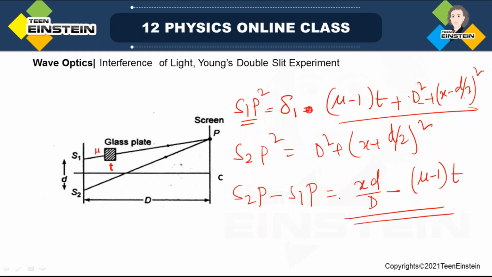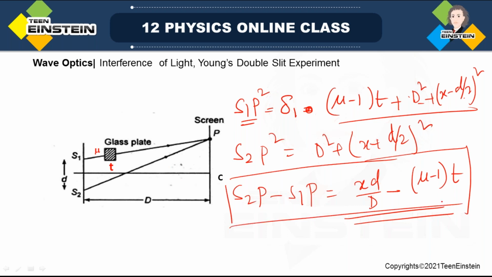But you will be asked to find out what is going to happen here due to this path difference. Actually, this path difference is natural. It is not due to going from where to where.